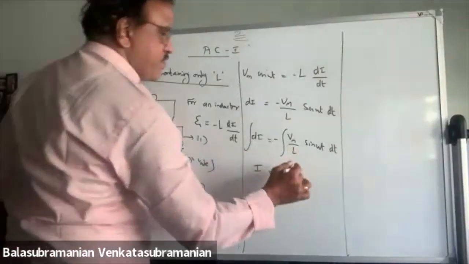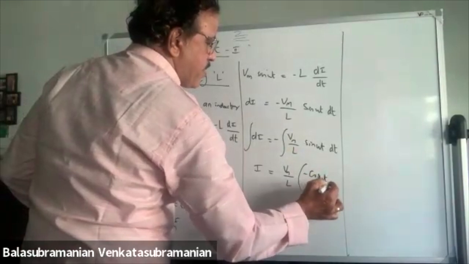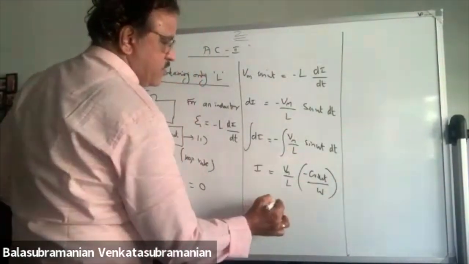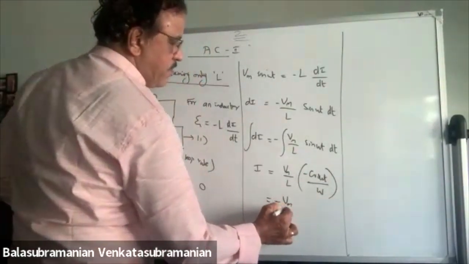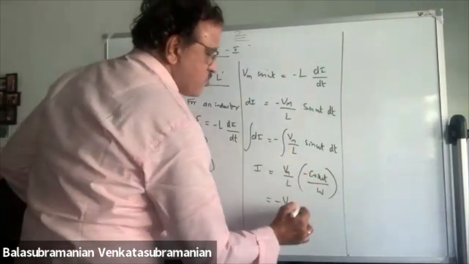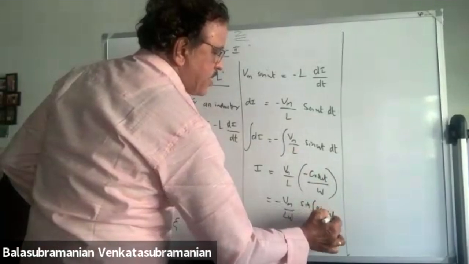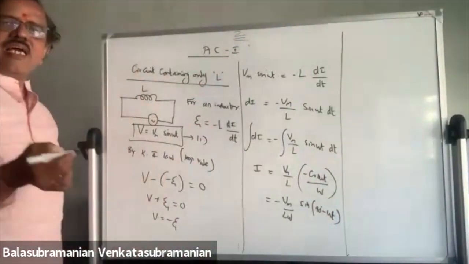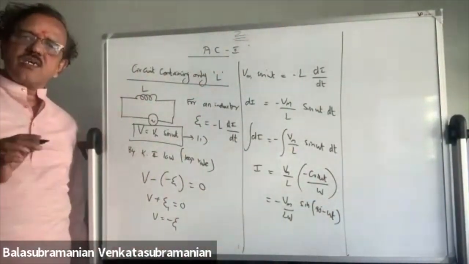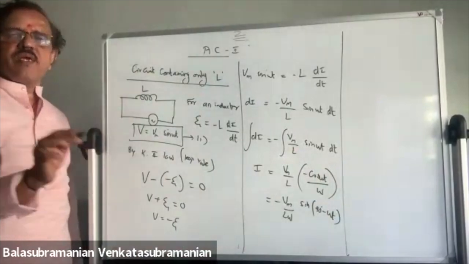So here minus cos omega t by omega, so minus Vm by L omega. We can write cos omega t as sin of 90 minus omega t. Sin of 90 minus omega t is cos omega t, or sin of 90 plus omega t is also cos omega t.